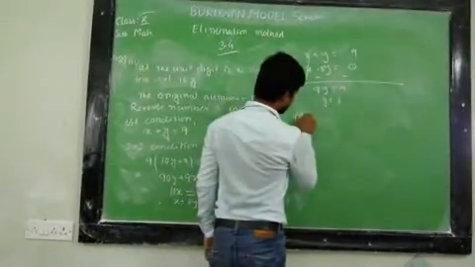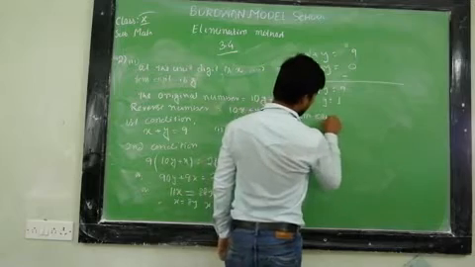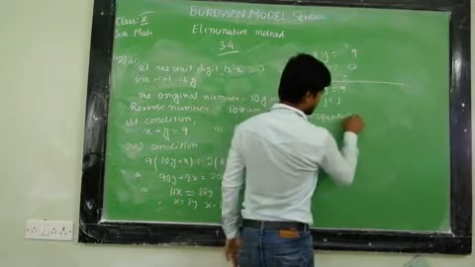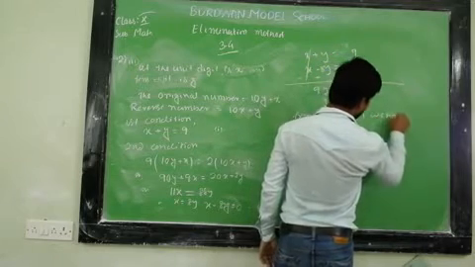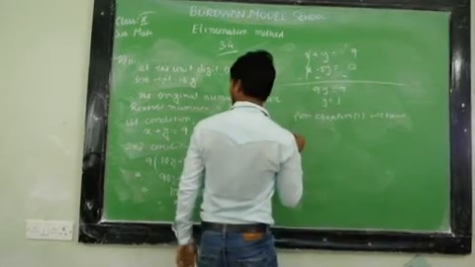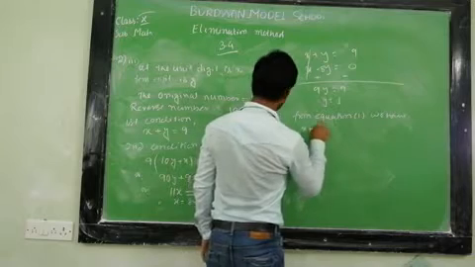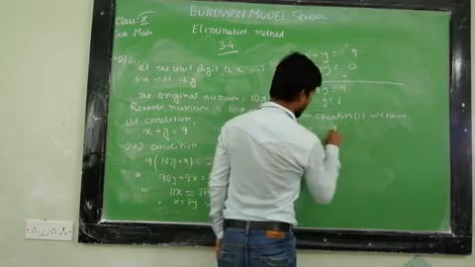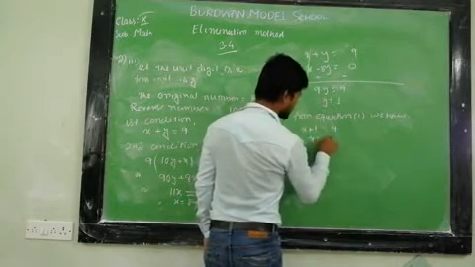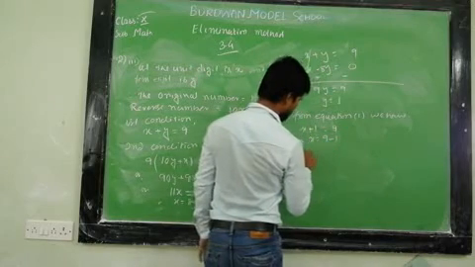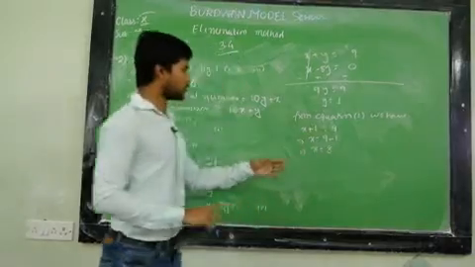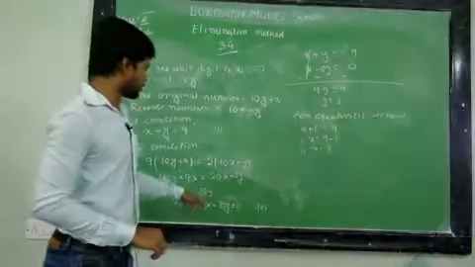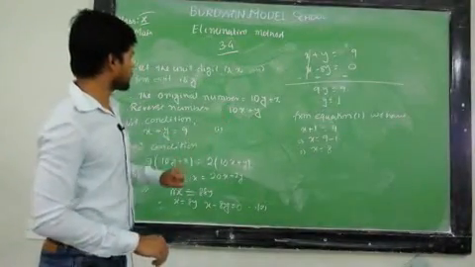From equation number 1 we have x plus y is equal to 9, which means x is equal to 9 minus y, so x equals 8. So the value of x is 8 and the value of y is 1.